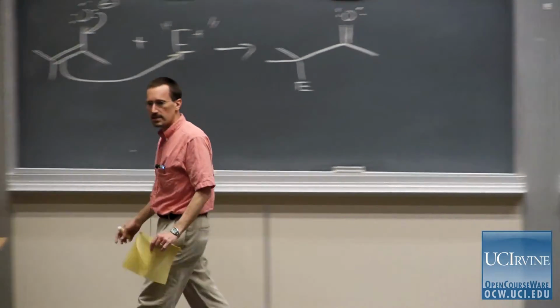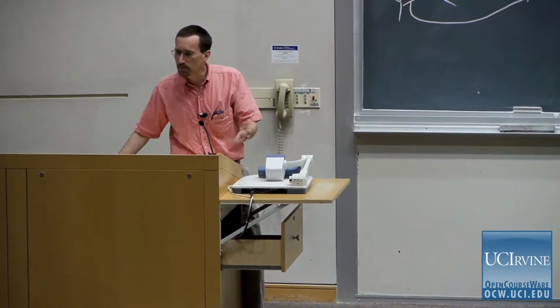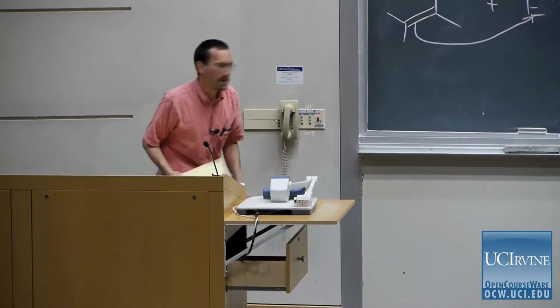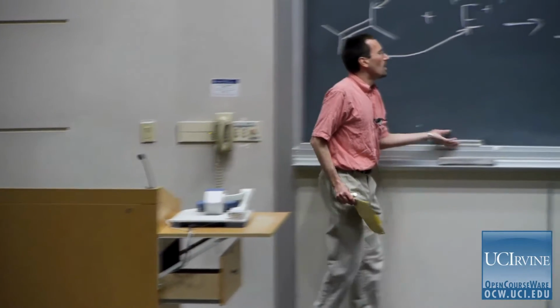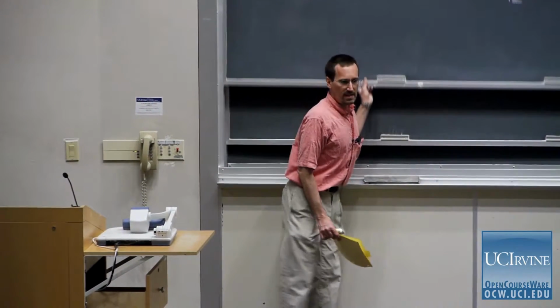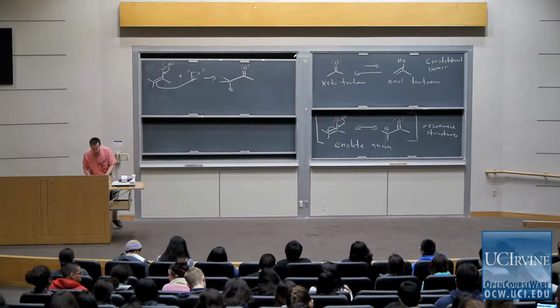But I don't necessarily need to draw that out, because by this point in my course and by this point in your thinking, you should be comfortable enough with that operation in your mind.